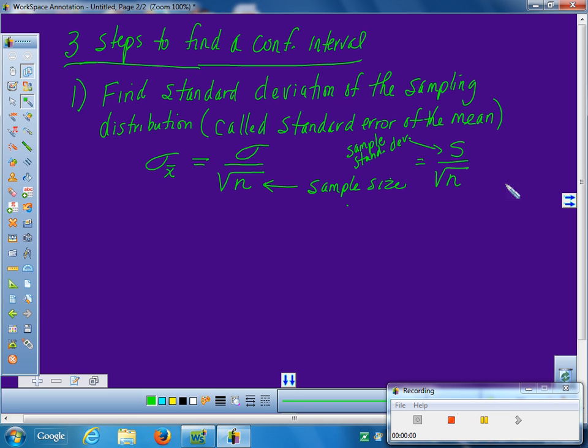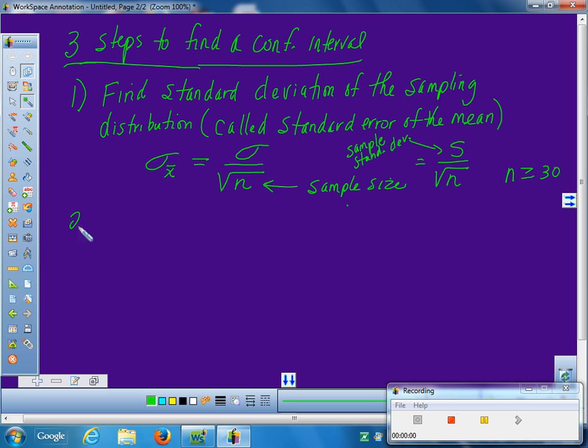So it's okay to use this if you sample 30 or more people, say cows, whatever. We're not going to do a cow problem. So use that standard deviation if you did 30 or more. You're going to go calculate the standard error. It's kind of like a Z-score. It's just a number you're going to use in a formula.